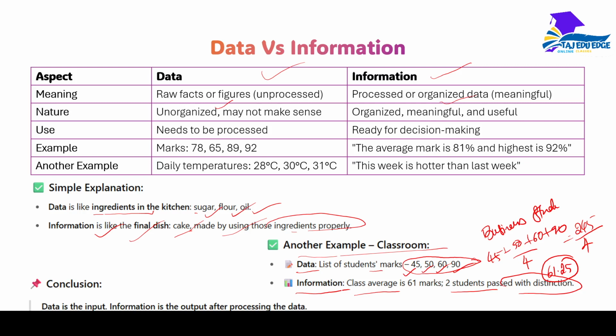That is information. Next, nature. Data is unorganized and may not make sense. For example, let's say in your classroom there are 100 students.